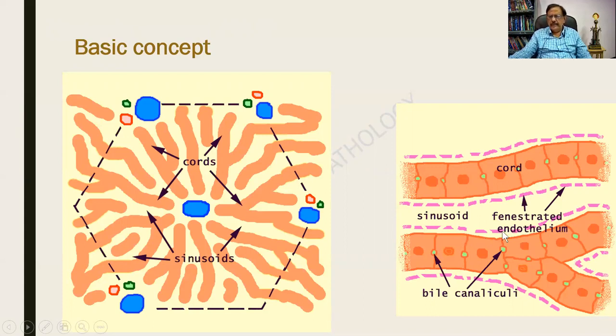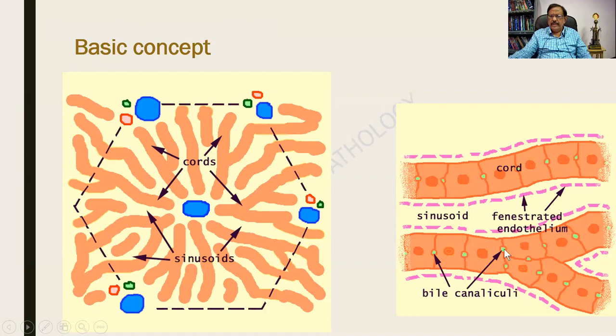Here again is a picture of the hepatic parenchyma being separated by the sinusoidal spaces. A sinusoid is a very small blood vessel which has a fenestrated endothelium.